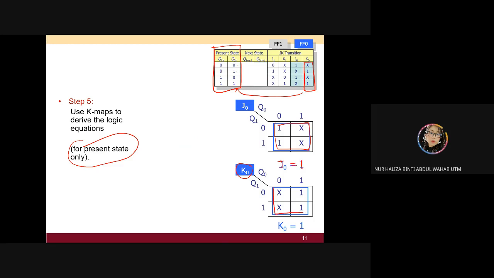If you have this condition also, it's going to be K equal to 1. So your connection later on, you're going to connect J0, K0 to 1 or high.